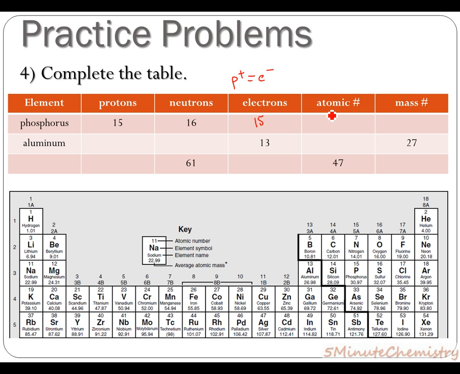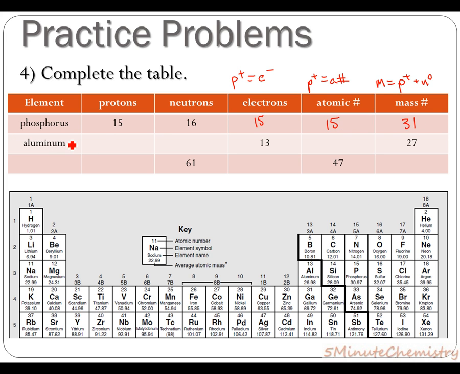The atomic number is also the same as the number of protons, so that has to be 15 as well. Lastly, the mass number, and if you recall, mass is the protons plus the neutrons. So you see here 15 plus 16 gives a mass of 31.